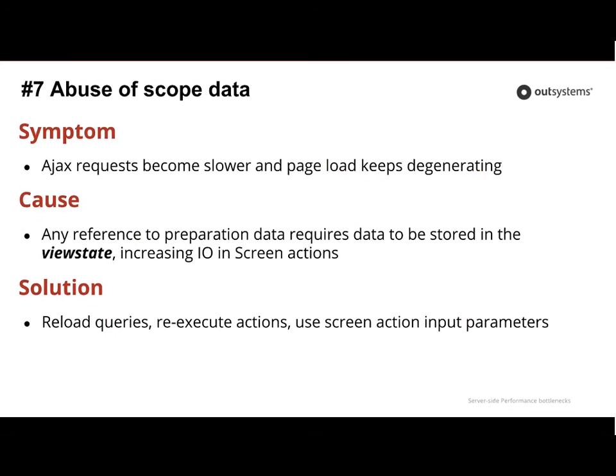Another point is the scope data. Scope data is related with the information that the application needs to perform some kind of request. Whenever the user is going to request some information from the browser, we have what we call the view state. We have a piece of information that we need to send to the server.